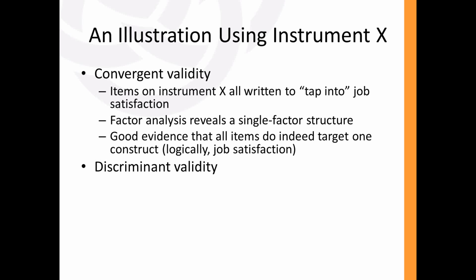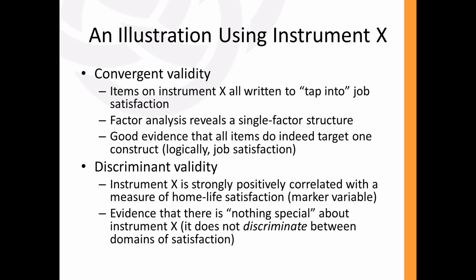This is good evidence that all the items do actually target one construct. And since all the items are written with job satisfaction in mind, logically we can conclude that this instrument actually does tap job satisfaction and not separate aspects of different types of things that people are interpreting. If that were the case, then you would see a multiple factor structure.